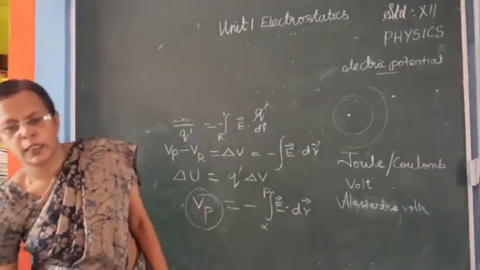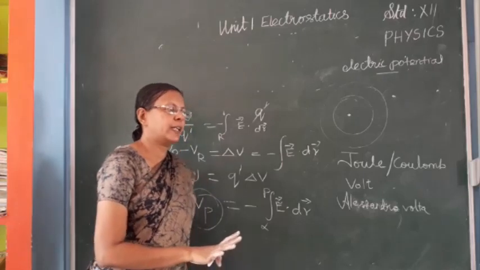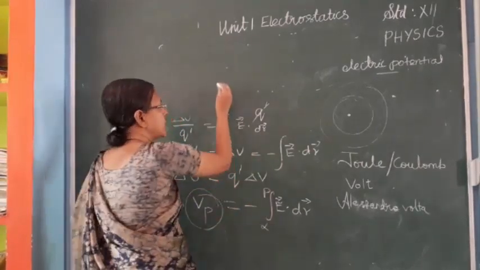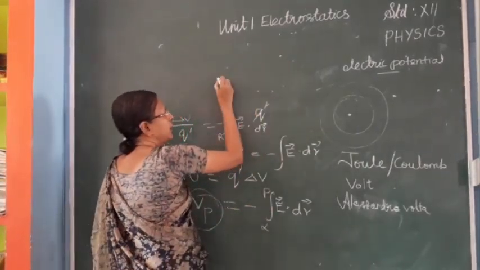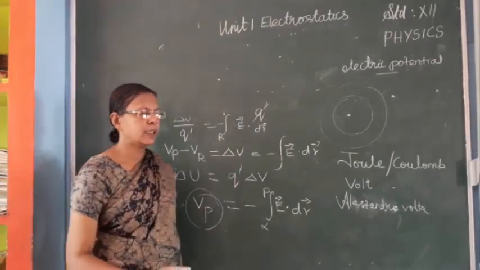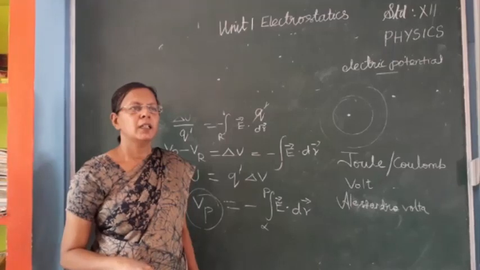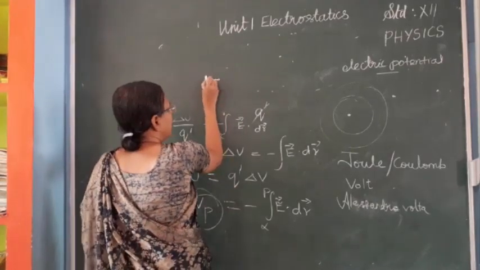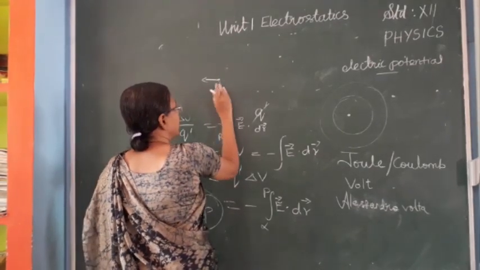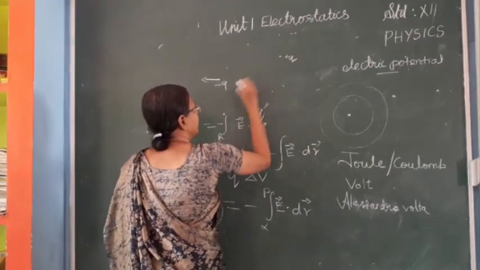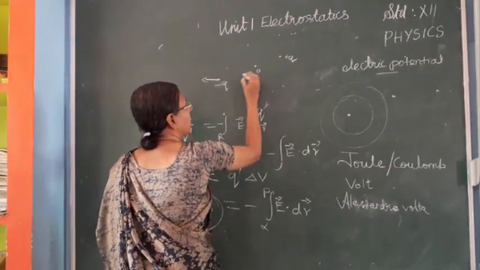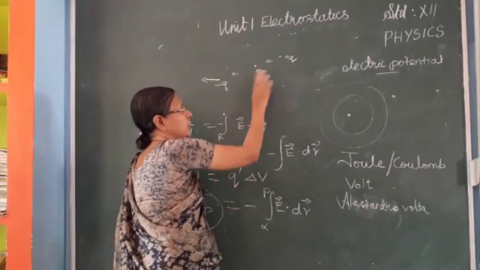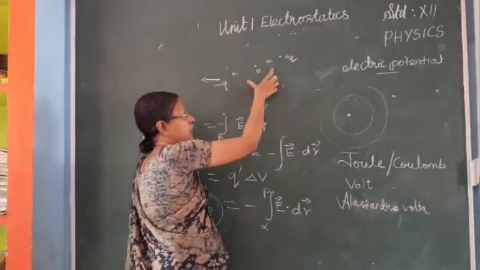In a uniform electric field, the two charges experience forces of equal magnitude but opposite direction, because they are opposite charges. Here is plus q, here minus q, and the midpoint is O. They are separated by a small distance.